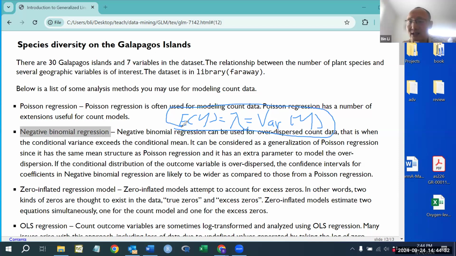That means the expected value of counts is equivalent to the variance of the count. So that is a very strong assumption, which may not be true in practice.